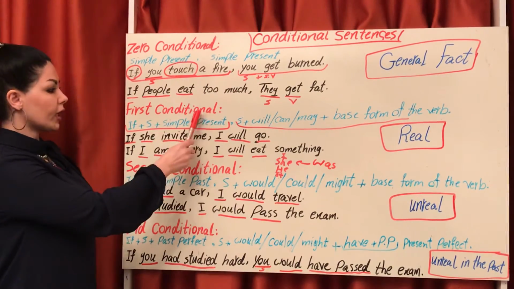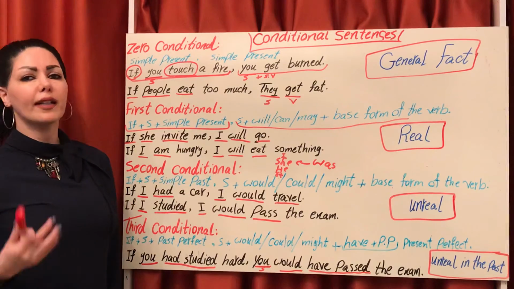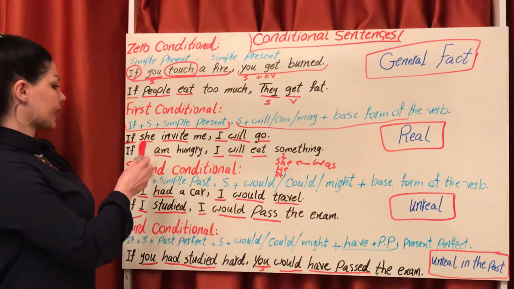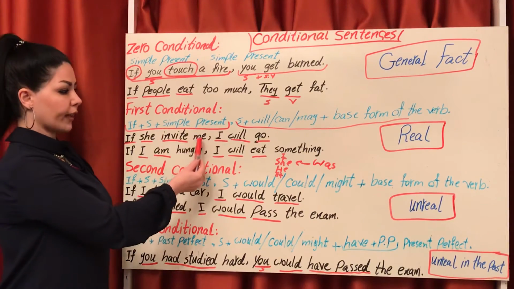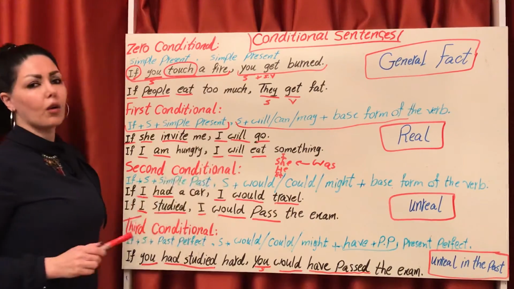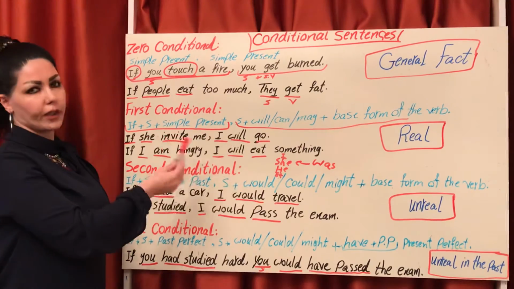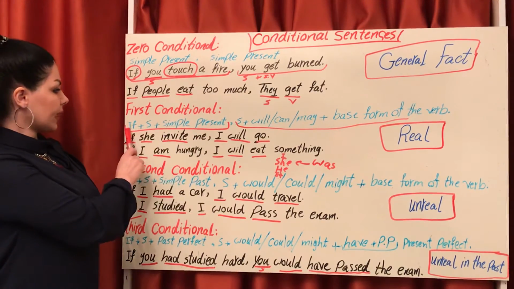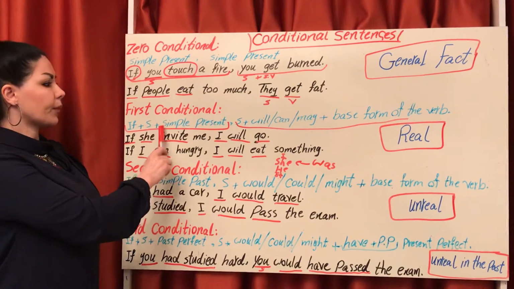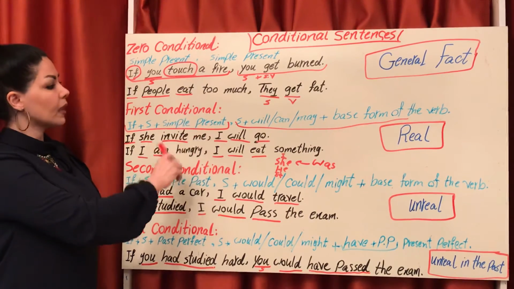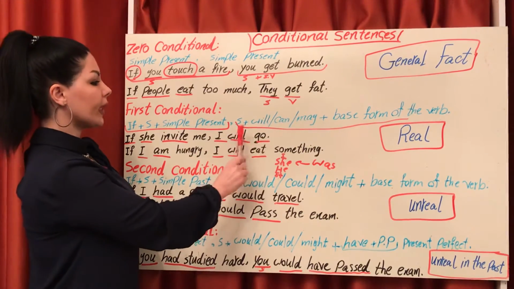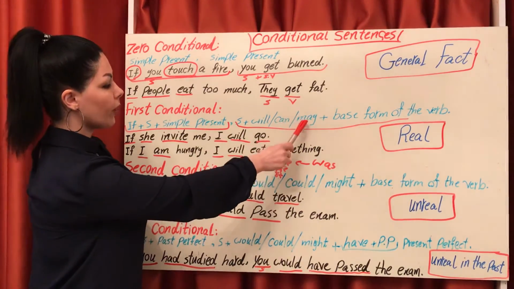First conditional, we speak about real situations, real things. For example, if she invites me, I will go. This is a real situation. For the if clause, we use if plus subject plus simple present. For the main clause, we use future: will or can or may.